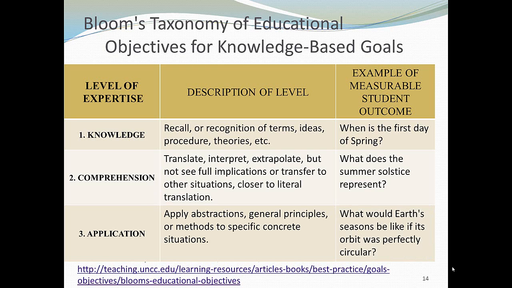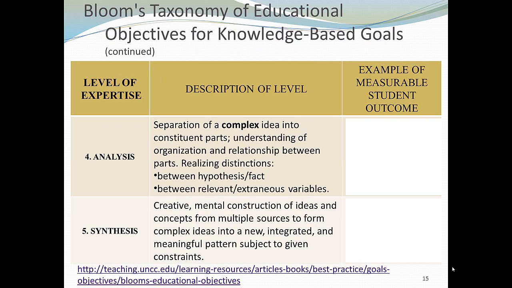An application of that same example would be a what if question. What if the Earth was in a perfectly circular orbit? Would the seasons be different or the same as what we experience now in a non-circular orbit? At the analysis level, they're going to take that complex idea and maybe break it down and maybe flip it.